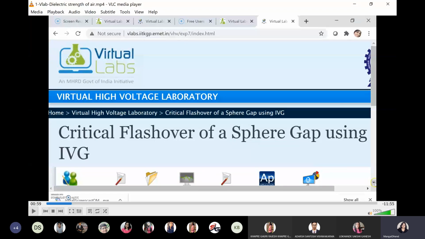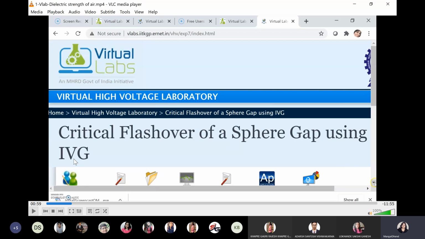Be ready now, all of you. Open your virtual lab, go into the electrical engineering subject. In that, go in the high voltage lab of IIT Kharagpur. See the experiment and find the fifth experiment, critical flashover of a sphere gap using IVG. IVG means impulse voltage generator.